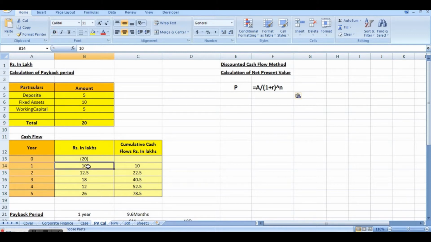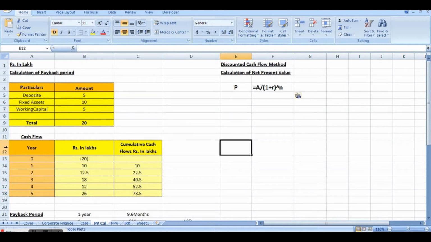Then there is a cash inflow of 10 lakhs in year 1, 12.5 in year 2, 18 in year 3, 12 in year 4 and 16 in year 5. But in addition to that you get back the deposit and working capital, so it makes it 26.